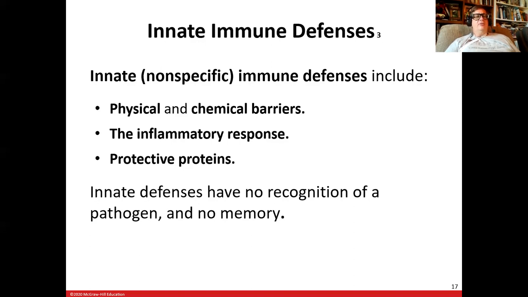The inflammation response, we don't really care what it is, whether it's a bacteria or a pollen, or if your body thinks something's wrong, it will set off all the histamines and try to wash the thing out and get rid of it. That's non-specific because you do it to anything that seems out of place.